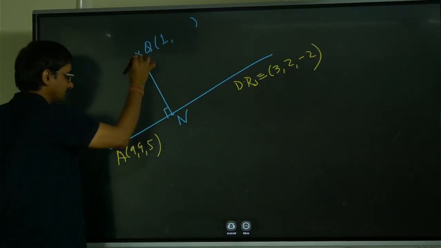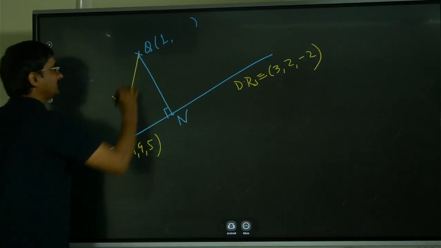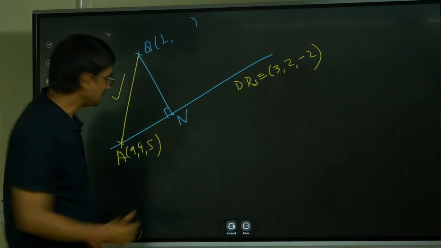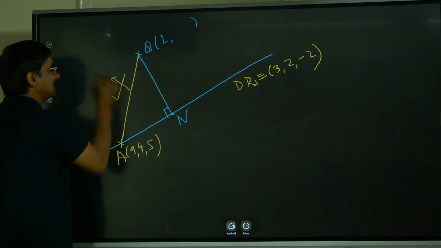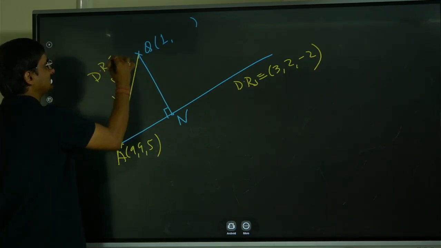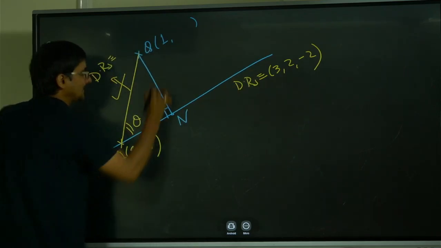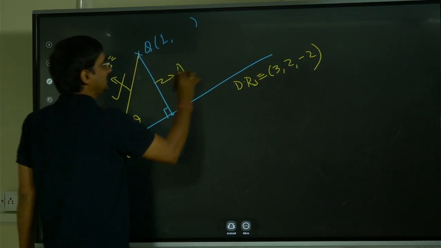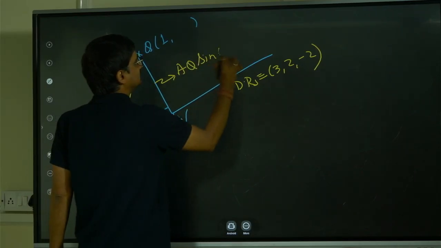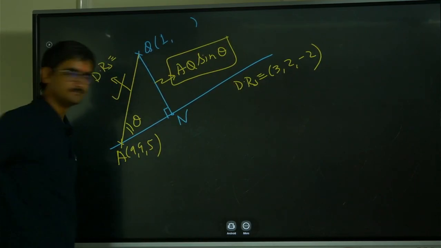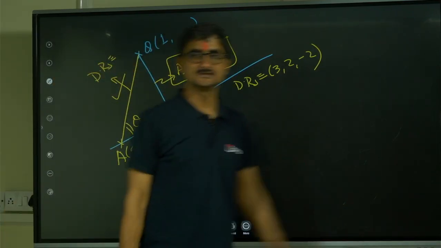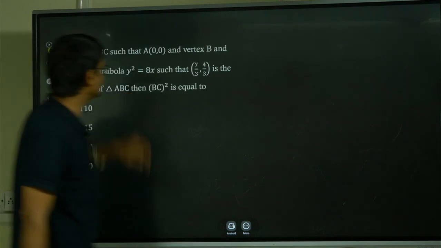Okay, see, we have this length, the distance formula, we have its DRs, x2 minus x1, y2 minus y1, z2 minus z1, we have DRs of the line, we have theta, and then this is nothing but AQ sine theta. That's it, simple. This is how we can easily get it. So again, as I said, I won't be going into its calculation. Let's move to the next one.